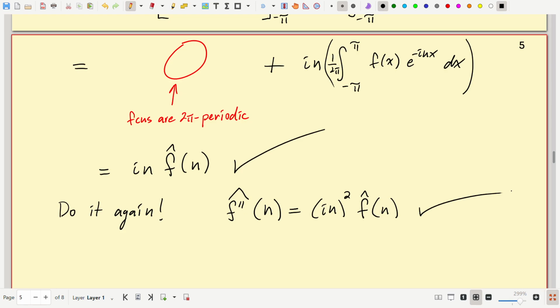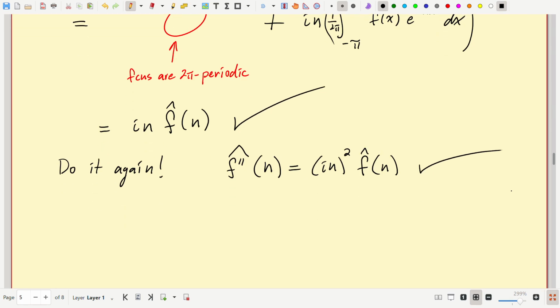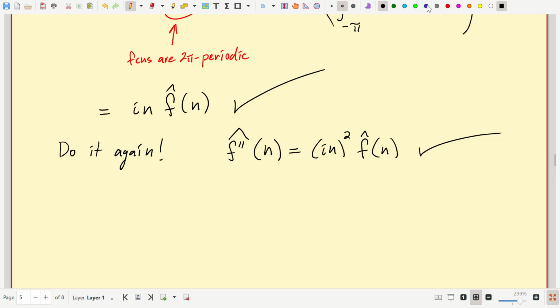And so Bessel's inequality is going to show that the terms in the series go to 0 even faster. So here's what we know today. Today's theorem, improved, I guess it's not improved, it's just different.